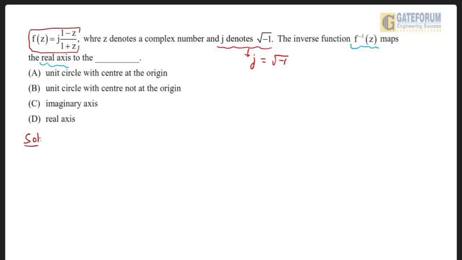Let Z denote a complex number. Let Z is equal to X plus iY. In place of i, we denote j. And another complex number W is U plus jV, which is a function of Z also.